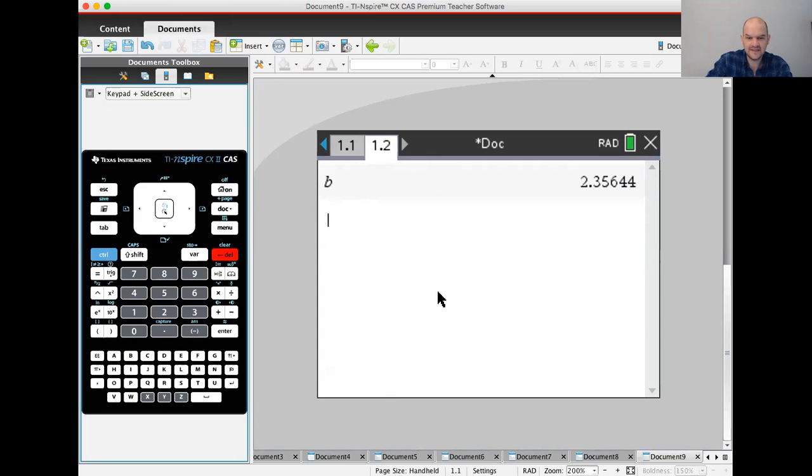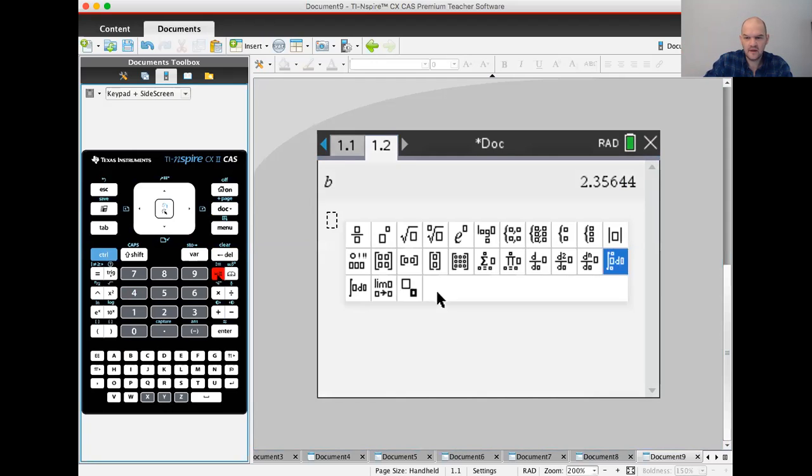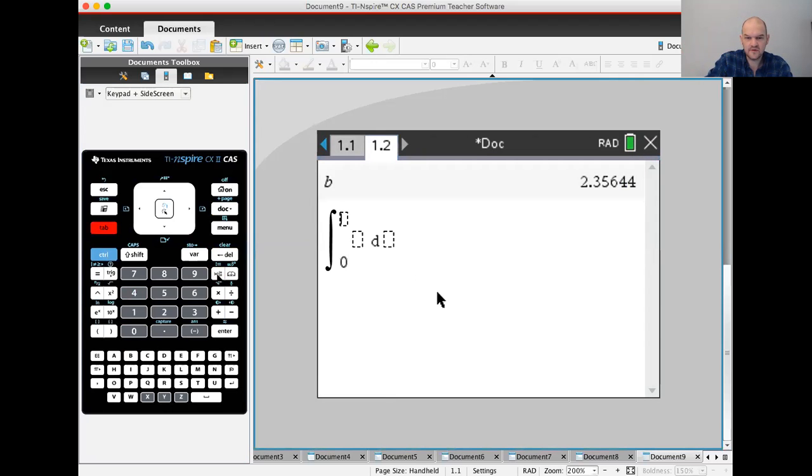So I need to do the integral from 0 to B of the top curve, which is sine of x, which I think was f1 of x, and then the bottom curve was f2 of x. Or you can type them in, it doesn't really matter. This is clearly faster, and using the vars key is also way faster, but it's up to you. So I'm going to handwrite this at the same time.